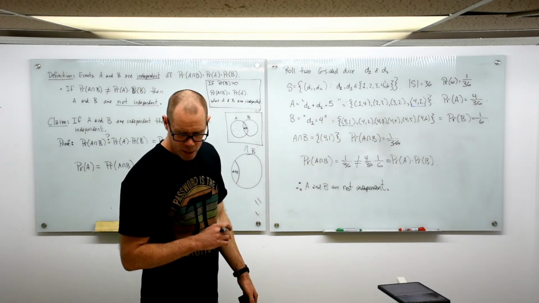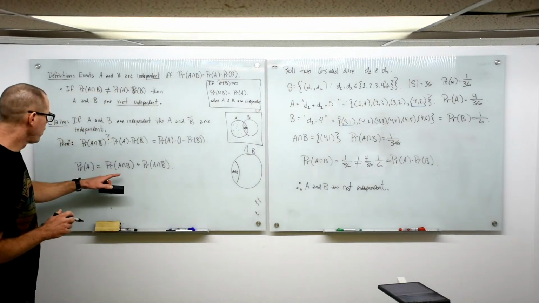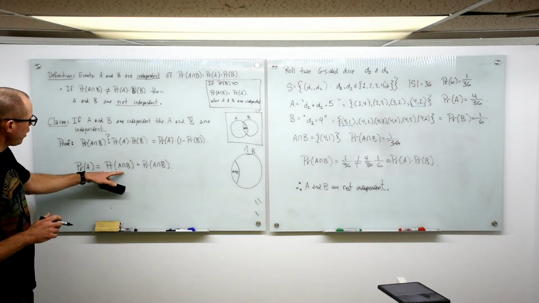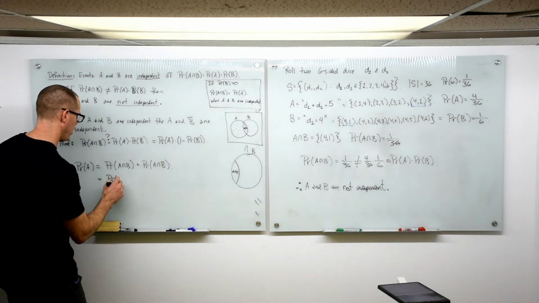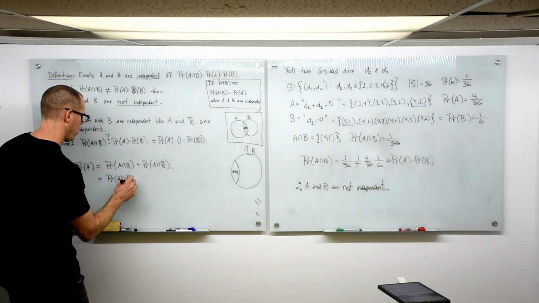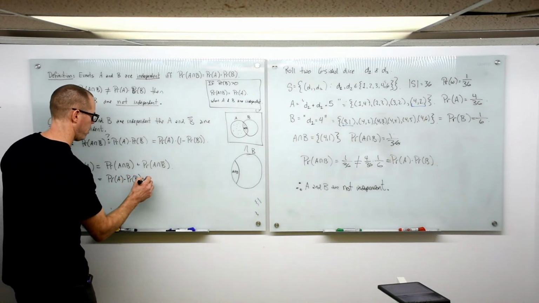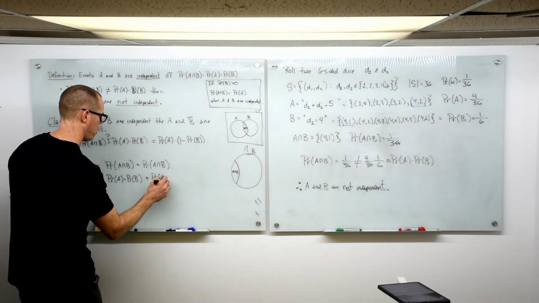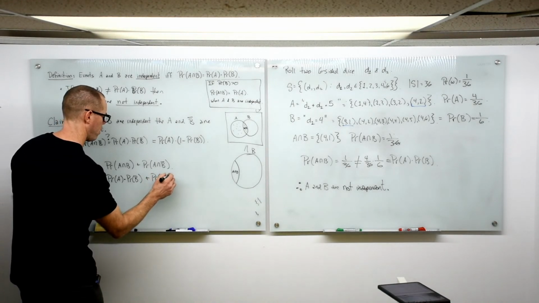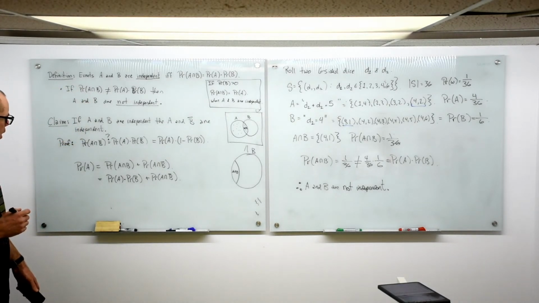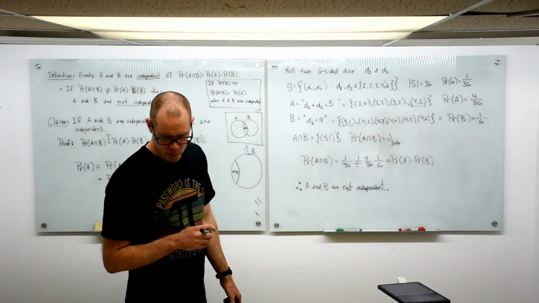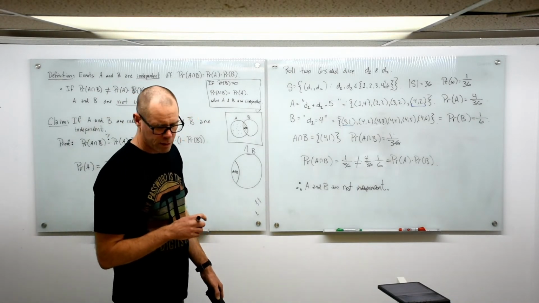Now, the probability of A intersect B, if A and B are independent, is just equal to the probability of A times the probability of B. And now let's rewrite this.